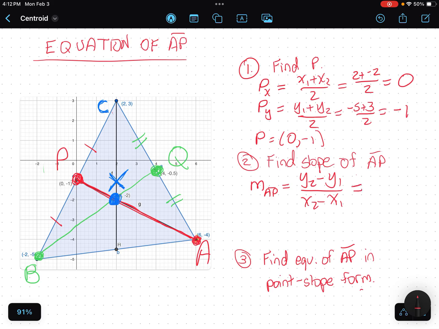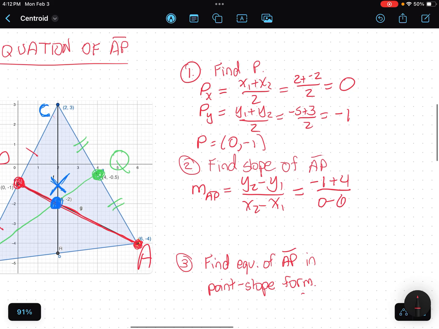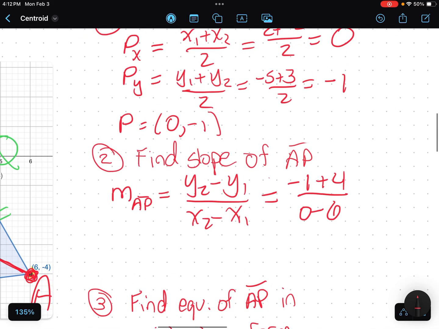The long story short is I have to subtract these y-coordinates, so negative 1 minus a negative 4 makes that a plus 4, and 0 minus 6 is my denominator, the difference of the x-coordinates. Now I just have to crunch the numbers to get my slope here. That's going to give me a positive 3 on top, a negative 6 on the bottom, so my slope is negative 1/2. I'm just going to table that for a second and use it in the next step.